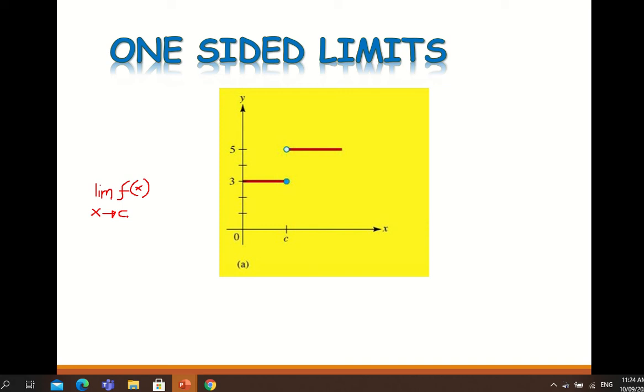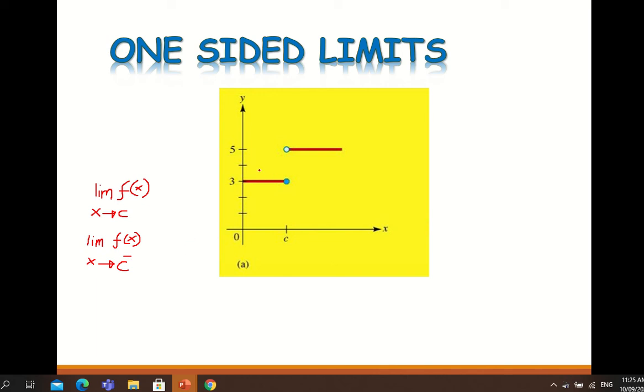To find out, we have to find the limit of the function f of x as x approaches c from the left. The negative sign here means that the x value is coming from the left.